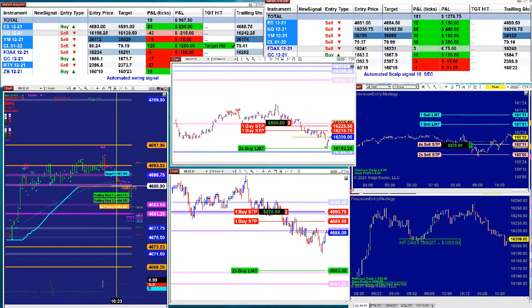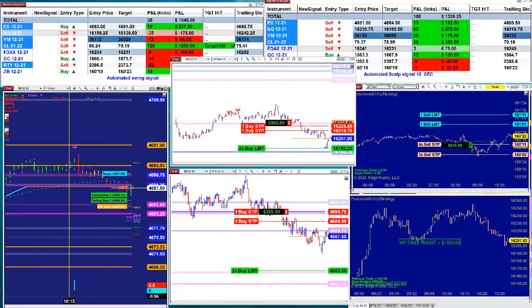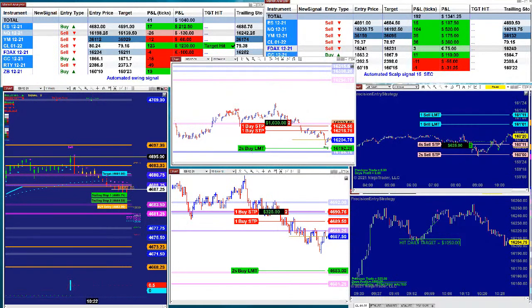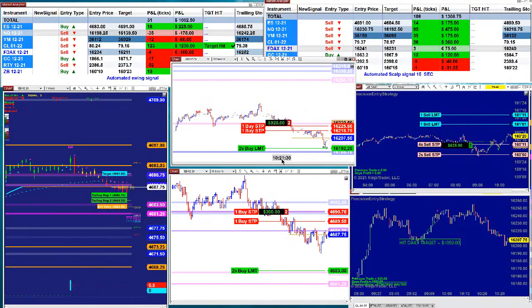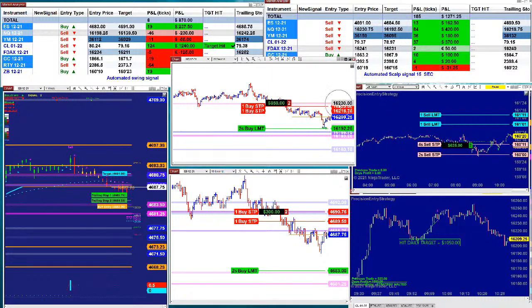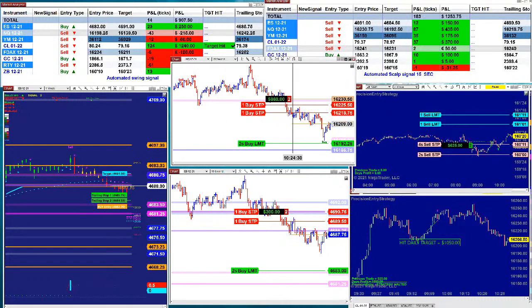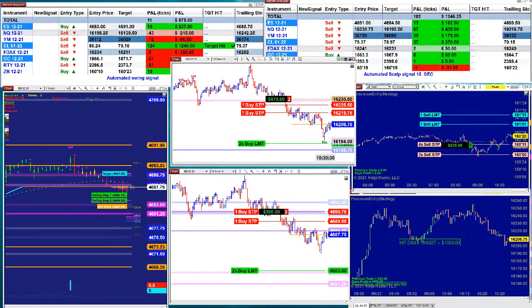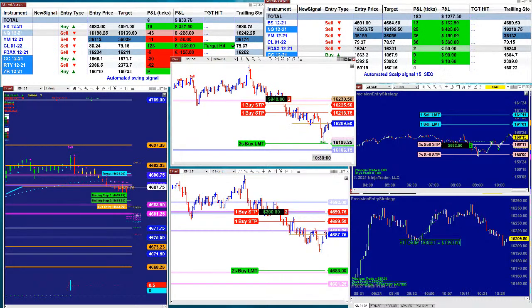And there we go. On the Nasdaq, we got a signal. That signal, you can use it to close a position as well. This is another system. It's telling you buy in here.